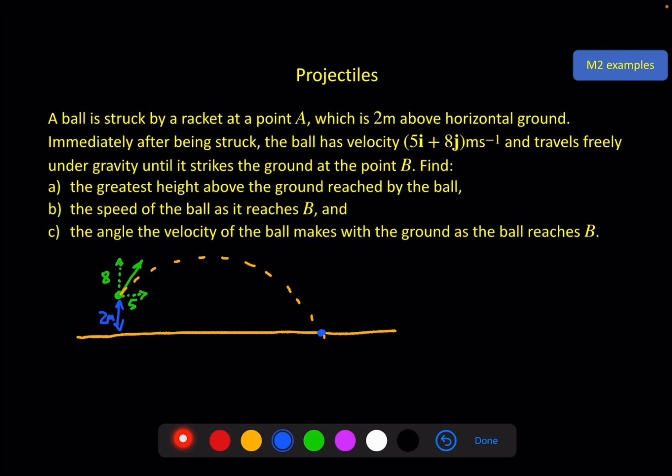Striking the plane here at point B, it was struck here at point A.